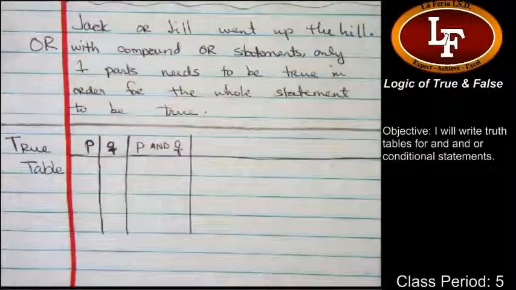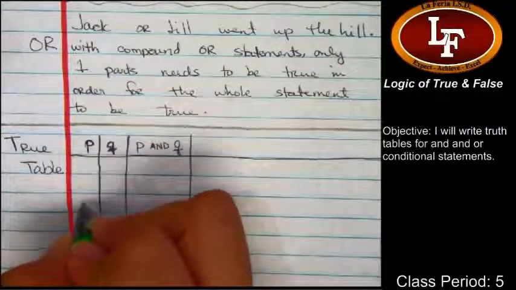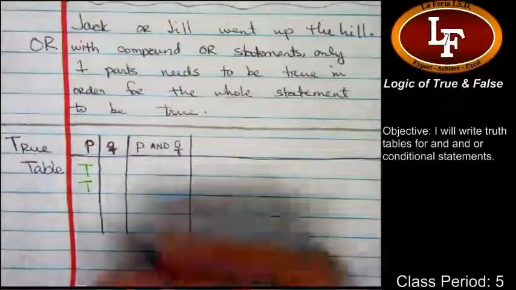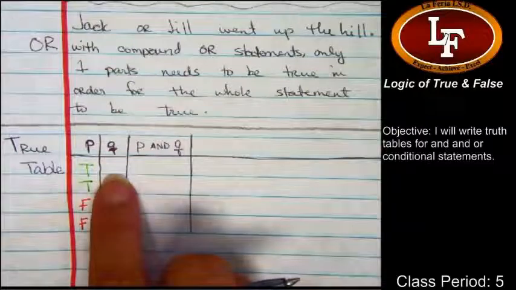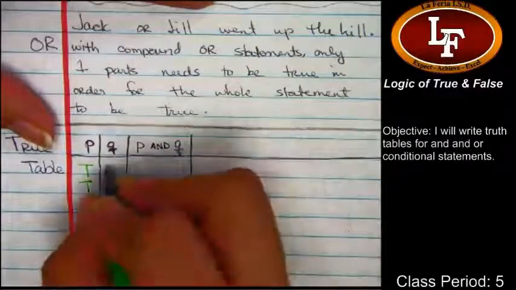Now, to talk about them, if you're using different colored pens, now's the time. I'm going to use red and green. If you don't have red and green, that's okay. So this statement, the sky is green, our P statement, has two possibilities. It could be true or it could be false. The second statement, which you gave us, water is purple, also has two possibilities.